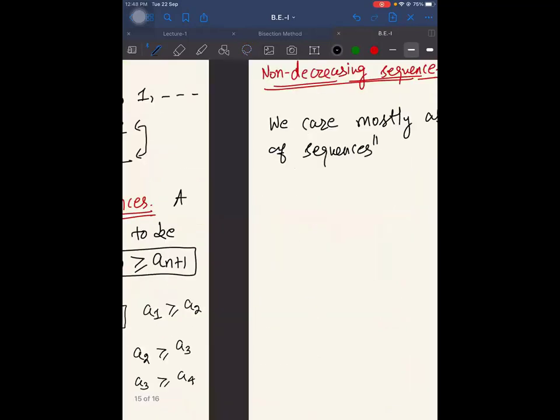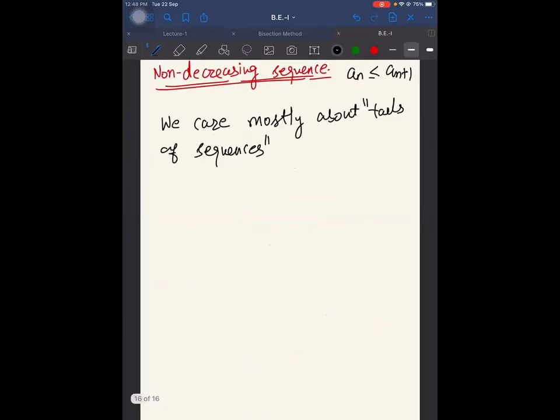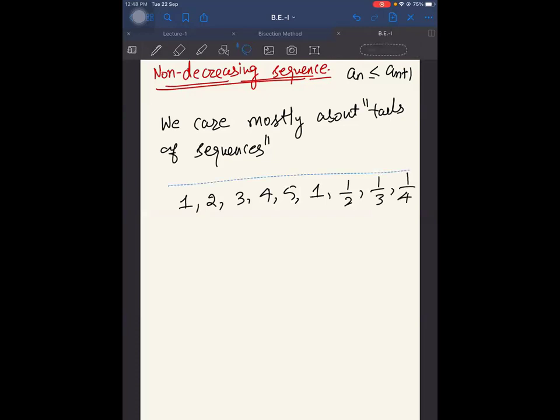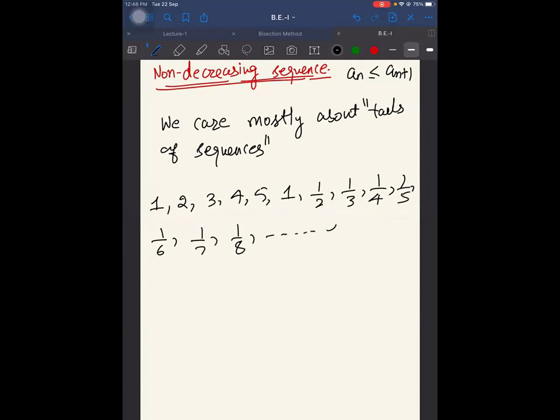what I want to say is, देखो, let's take an example where my sequence is 1, 2, 3, 4, 5, and then 1, 1 by 2, 1 by 3, 1 by 4, and 1 by 5, 1 by 6, 1 by 7, 1 by 8, and so on up to infinity.